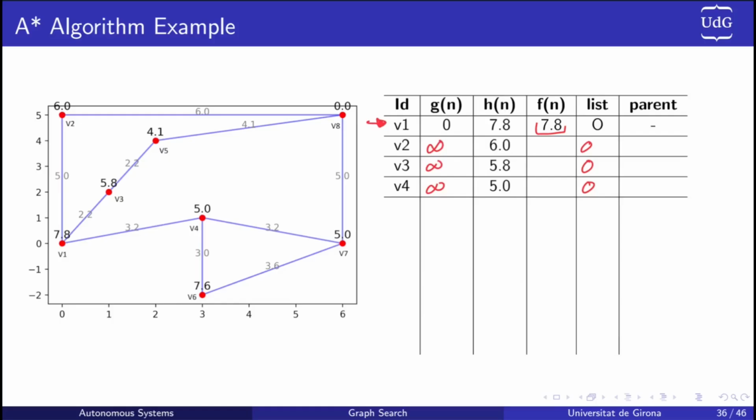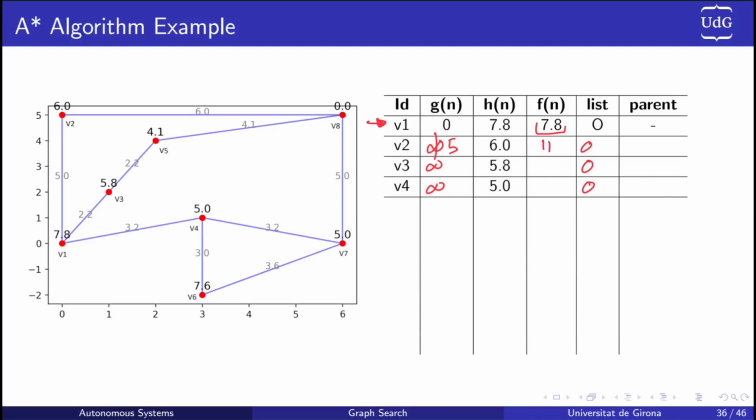But now I have to compute the tentative cost. The tentative cost of reaching B2 is the cost of reaching B1, that is 0, plus W. The W between B1 and B2 is this 5.0 here. Then this will be no longer infinite, but 5. Now I can compute Fn, and it's 11.